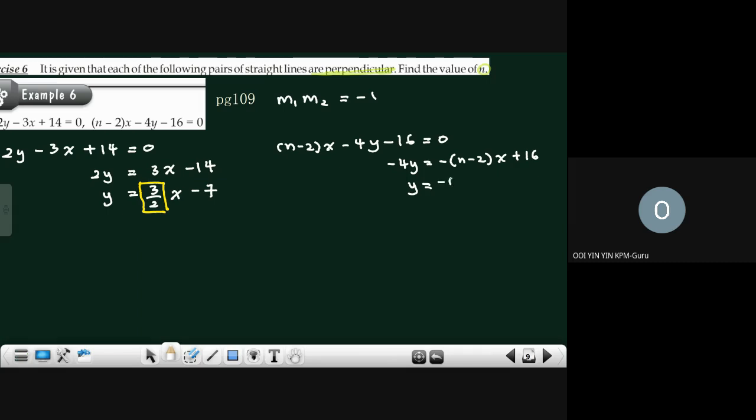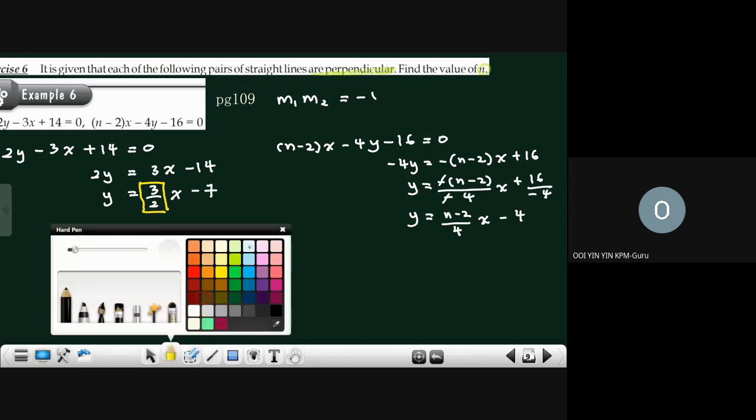You get negative (n minus 2) over negative 4 x, plus 16 over negative 4. The negatives cancel off, and you get (n minus 2) over 4 x, and overall negative 4.